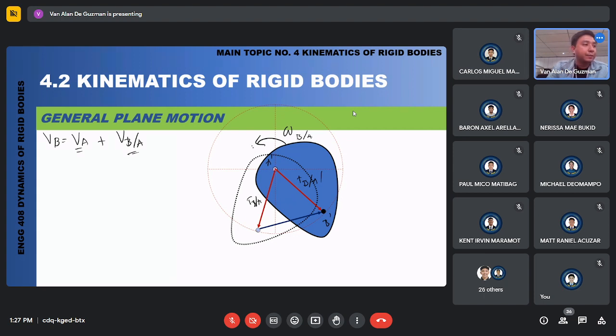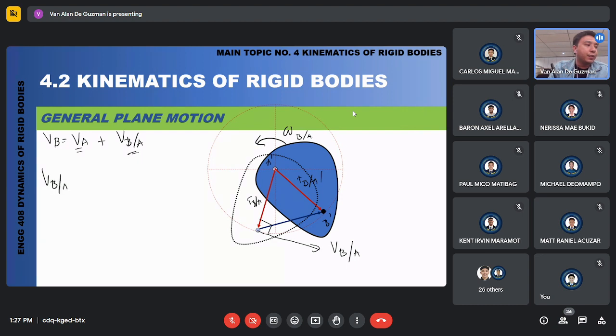Yan, how do we represent yung kanyang linear velocity? Hindi ba in this manner? Perpendicular dito. 90 degree dito sa ating radius. So we have here, velocity ng B relative to A. So ito na po yun. And ano po yung ating nakuha dito na relation with the angular velocity natin?